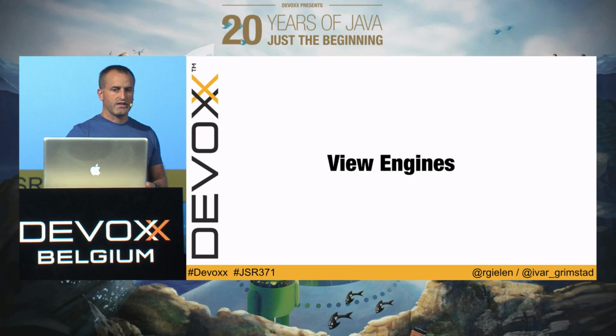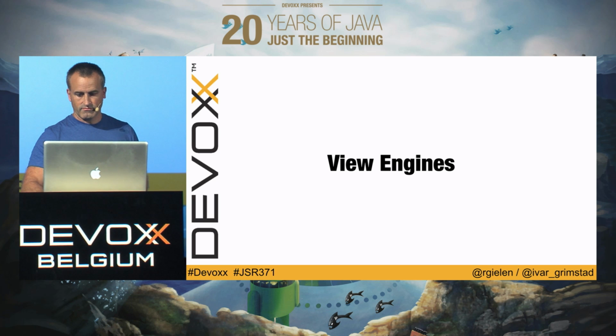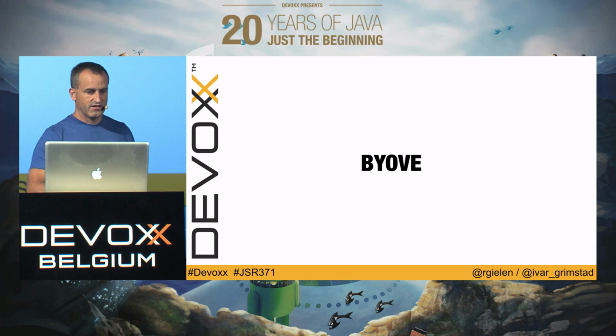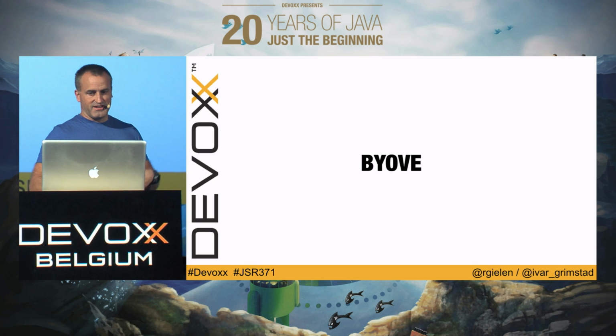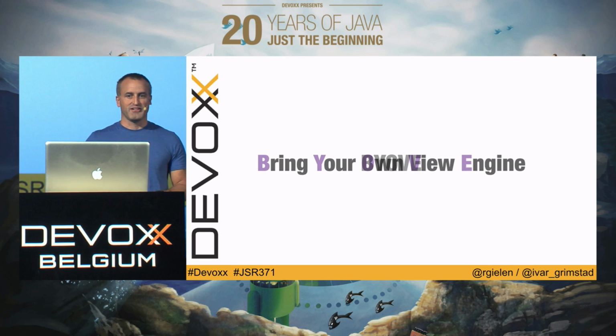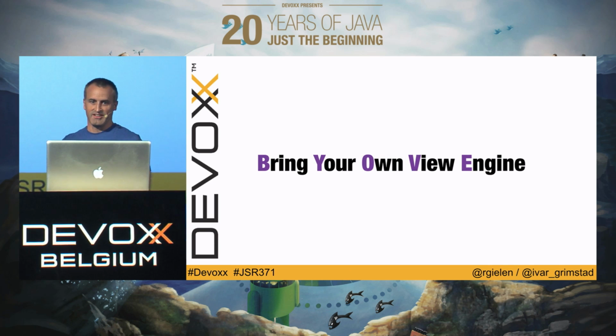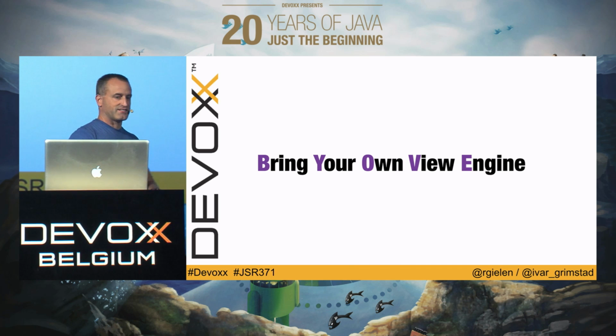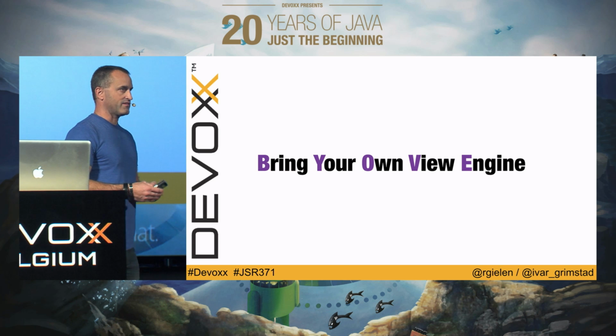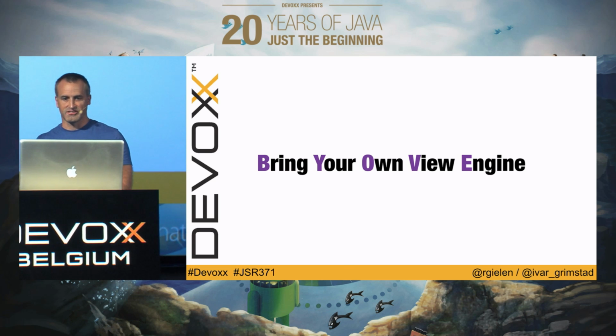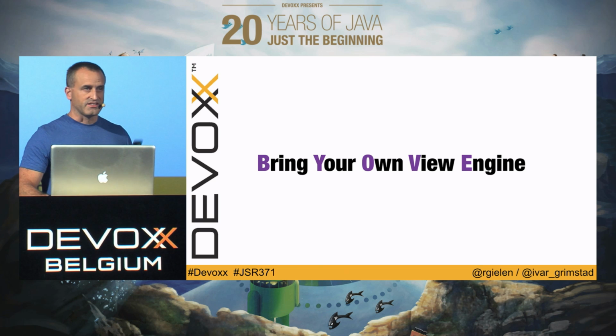So let's look at the view engines. And we kind of created a new acronym. It's Bring Your Own View Engine. It's very pluggable, and it's a simple interface to implement, and you can use CDI discovery or a CDI producer for an engine-specific config object.